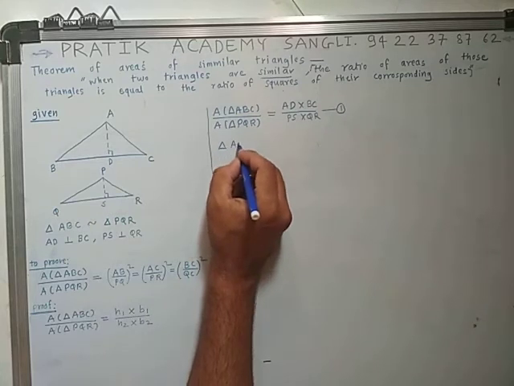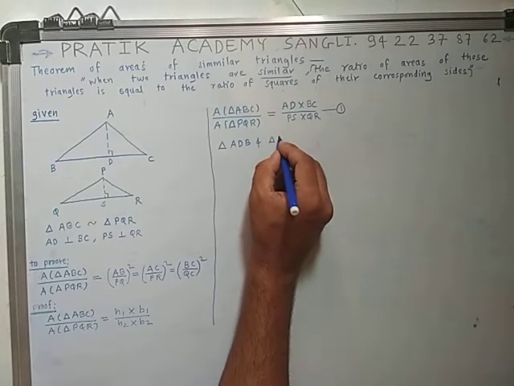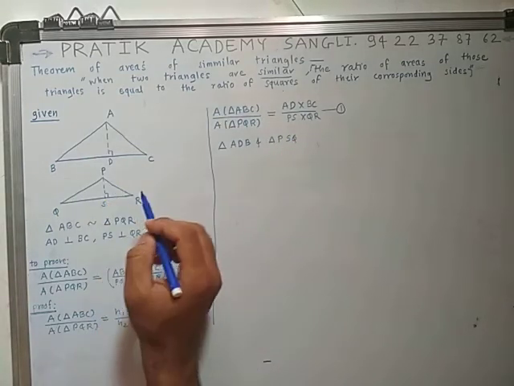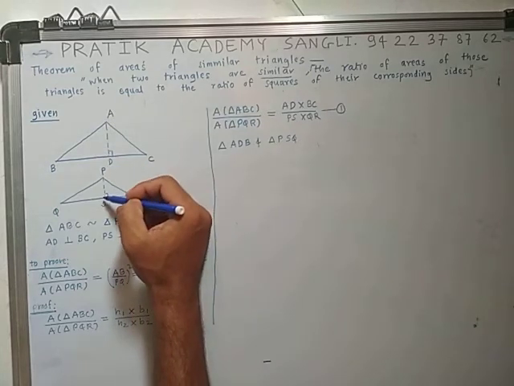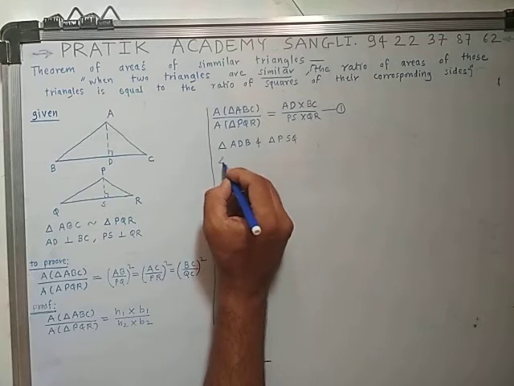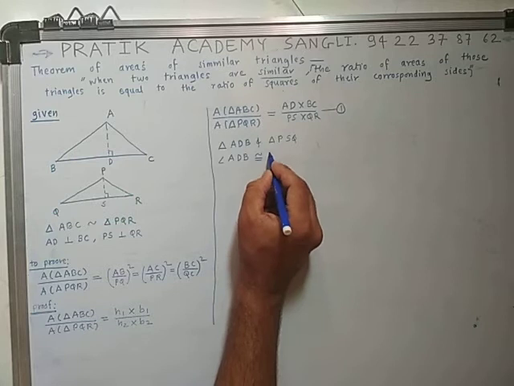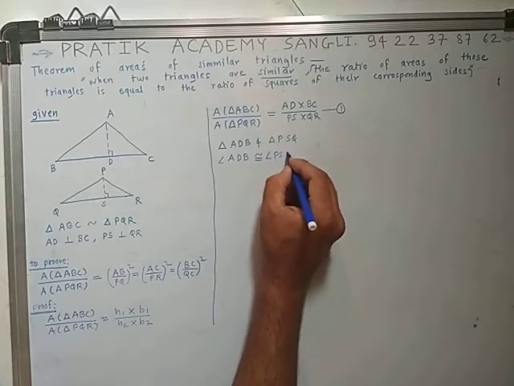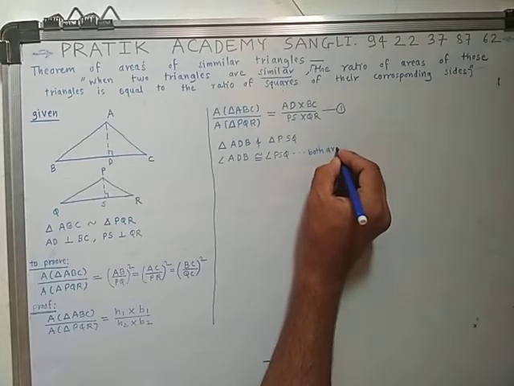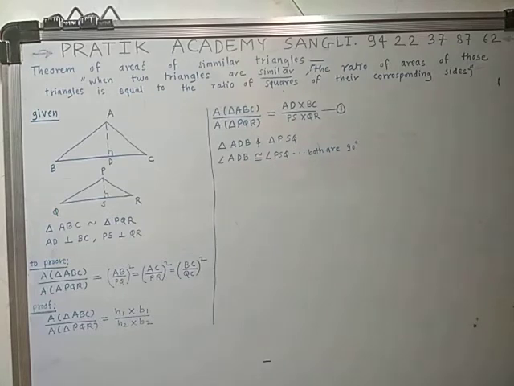Angle D is congruent to angle S because both are 90 degrees. Angle ADB is congruent to angle PSQ because both are 90 degrees.